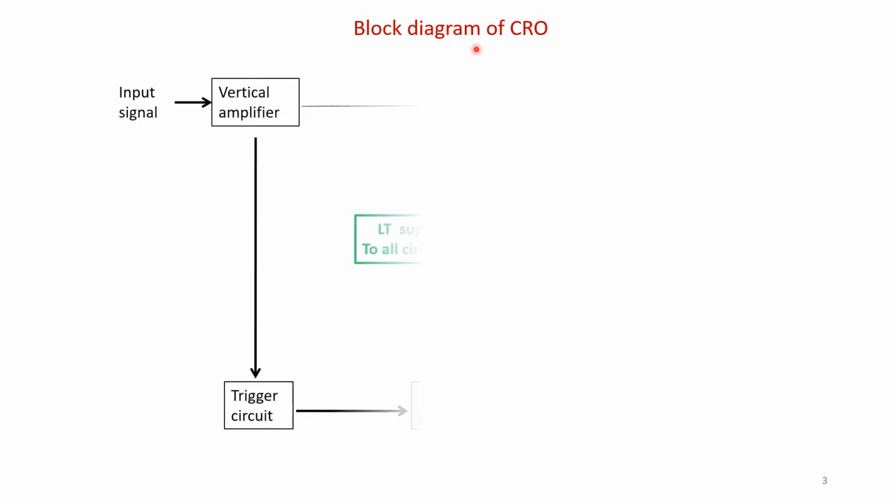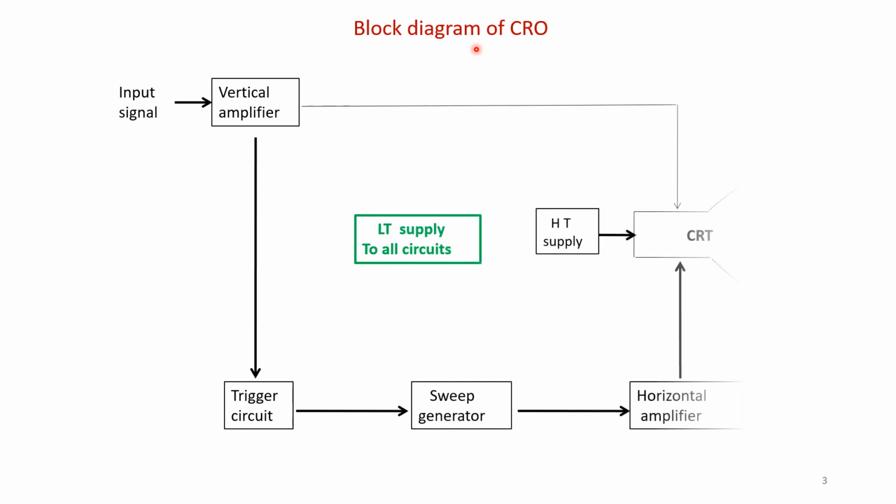This is the block diagram of CRO. It contains these different components. Here, this is what is known as the cathode ray tube. We are going to consider more about this in detail. Here we have the input signal, which is given to the vertical amplifier.